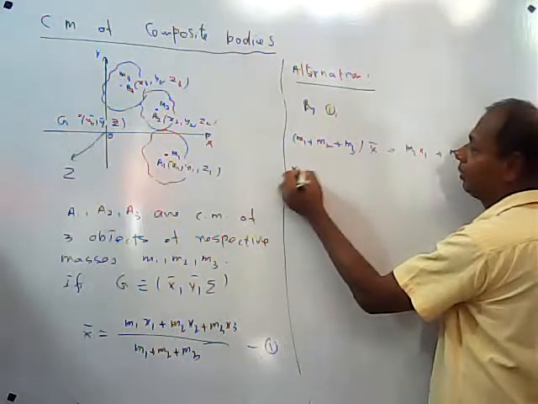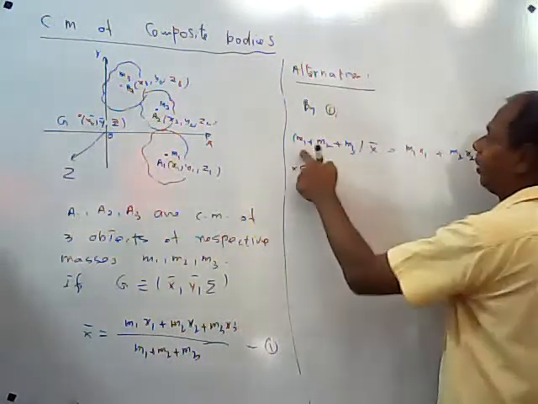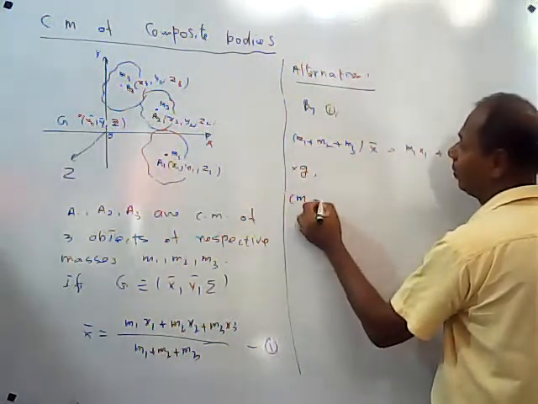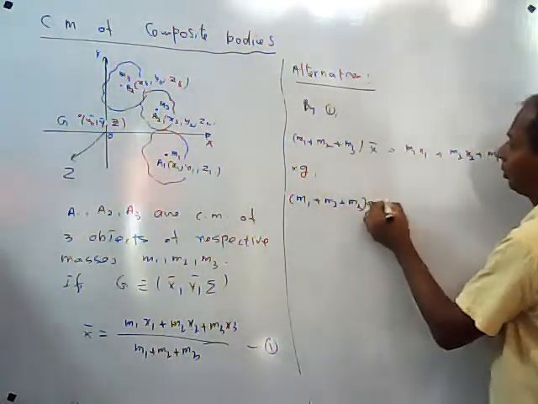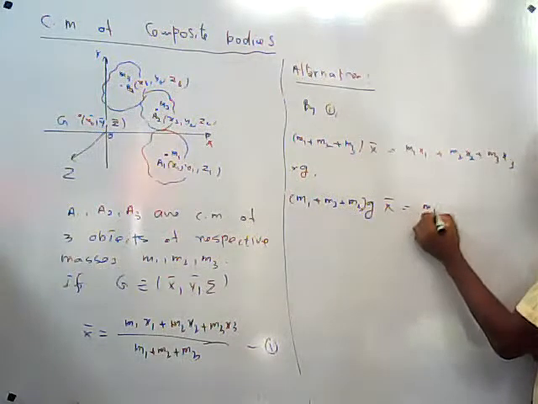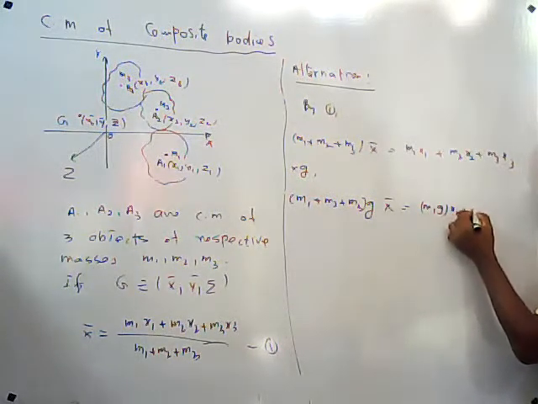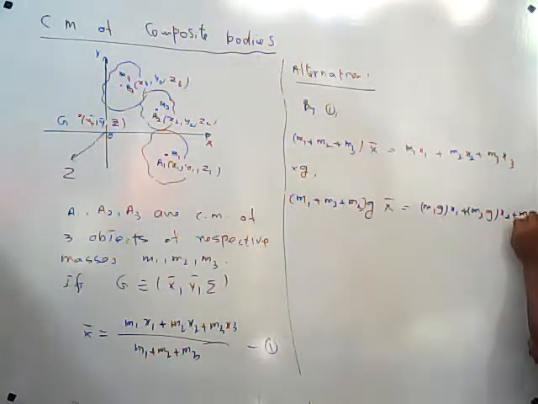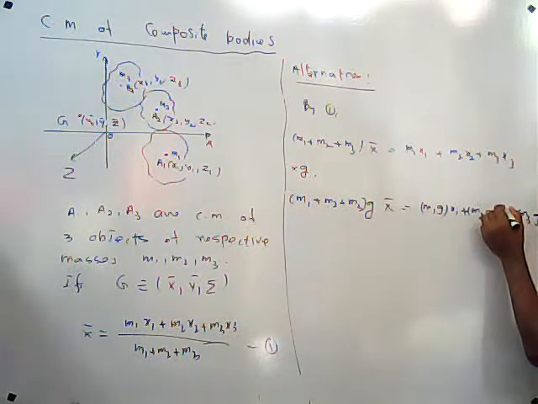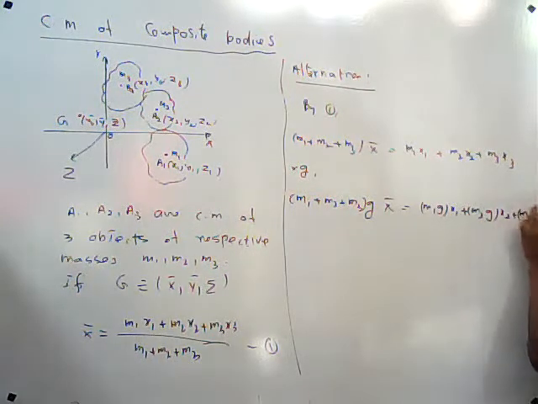Then multiply everything by g. Multiply everything by g to get m1 plus m2 plus m3 into g, x bar equals m1g x1 plus m2g x2 plus m3g x3. All right.